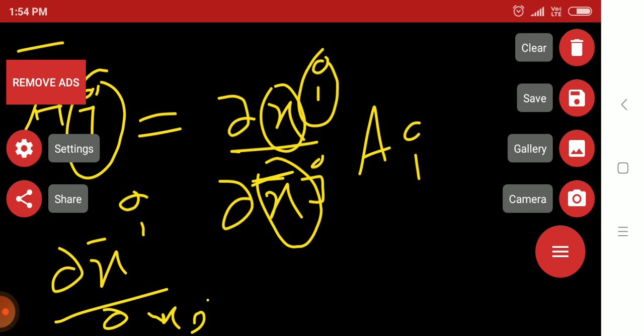So if I write both contravariant and covariant side by side, you can easily understand.